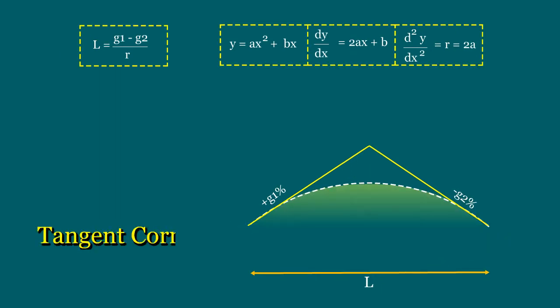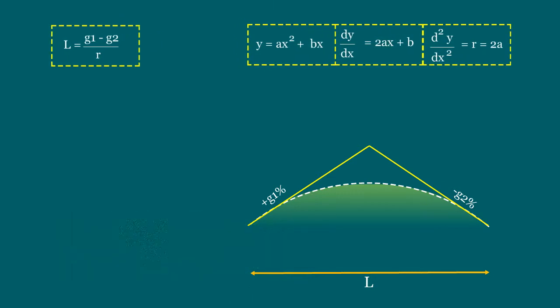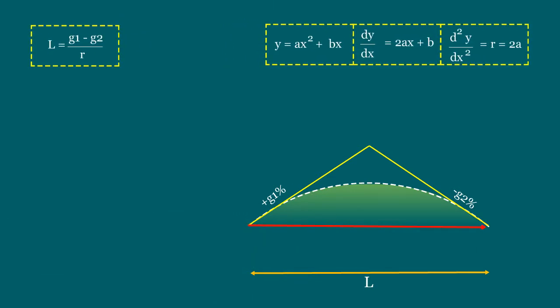Now, let us see what tangent correction is and how it helps to design vertical curves. In vertical curves, all distances along the curves are measured horizontally, and all the offsets from the tangents to the curve are measured vertically. The length of the curve is its horizontal projection. Please look into this sketch carefully.